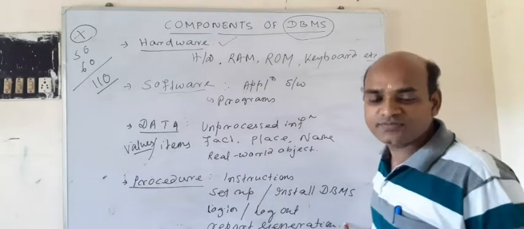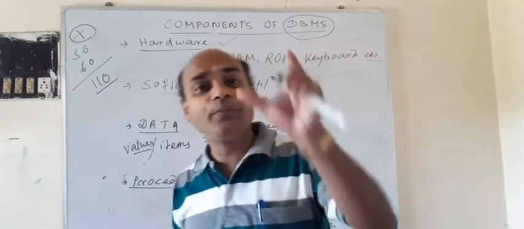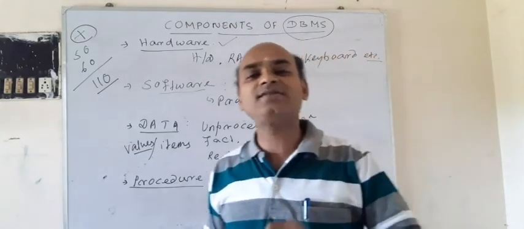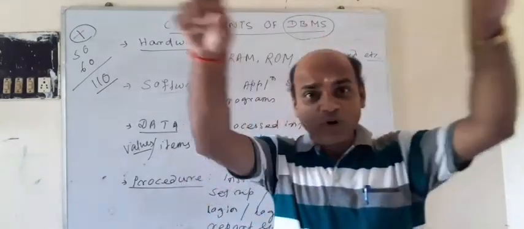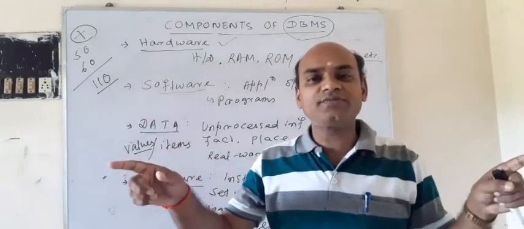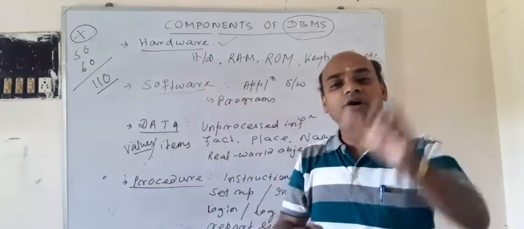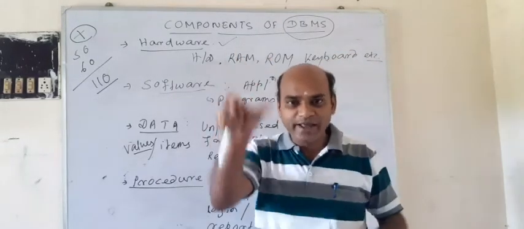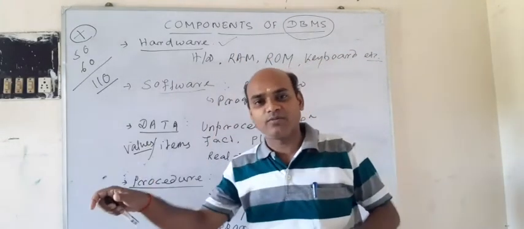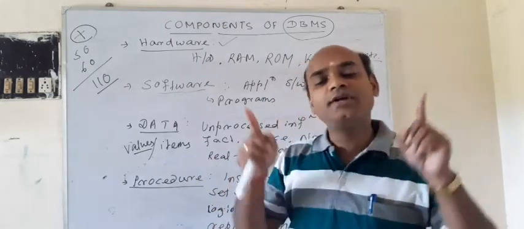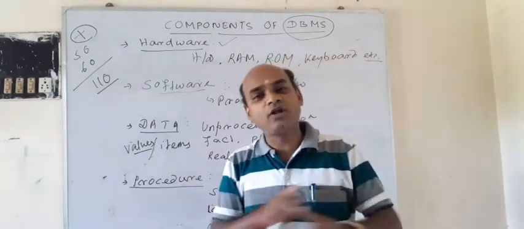Suppose we are maintaining a student database file. We want the best 10 students of the university and their addresses and contact numbers. From the whole database, there are so many database files. From all files, you have to extract only the roll number, the student name, address and contact number. So this is the report. So the database management system controls and operates all these things.